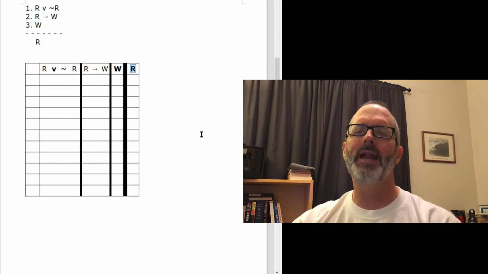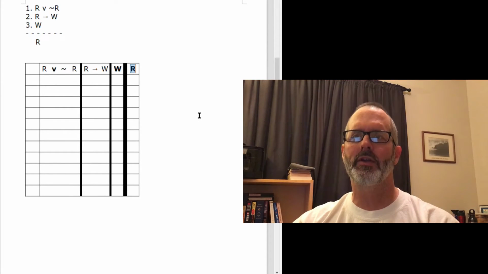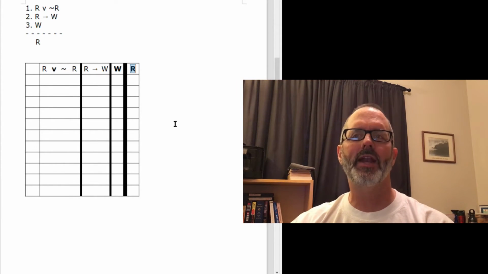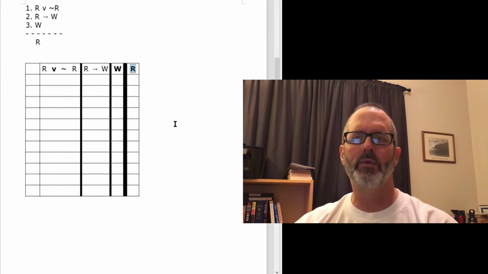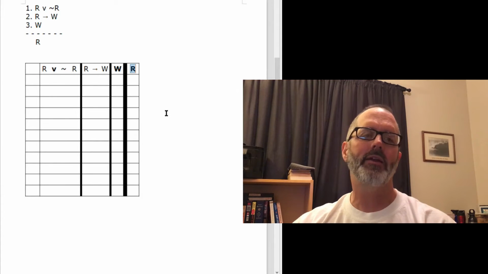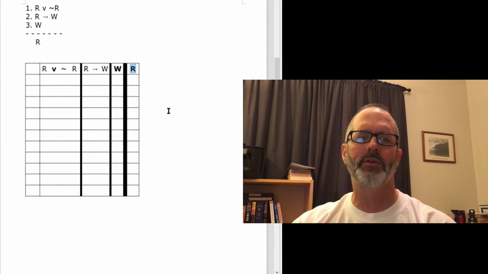Now I need to determine how many different truth possibilities there are because, remember, to test for validity, we're looking for necessity. We need to look at every possibility before we can be sure it's valid or invalid. Now remember the algorithm I showed you when we were looking at truth values of sentences.